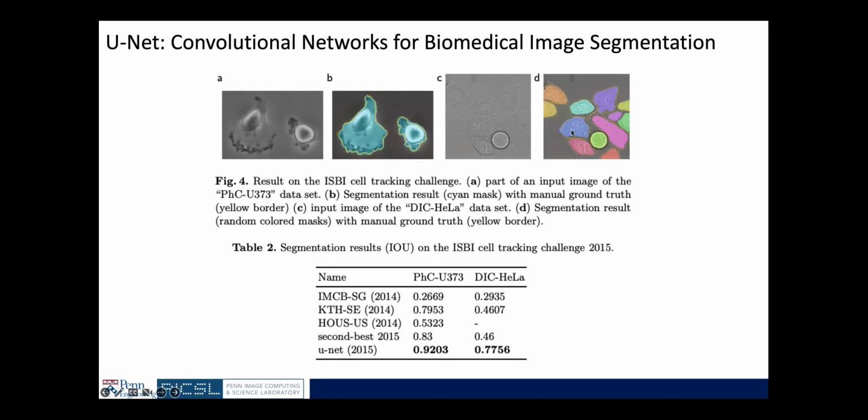And again, on the right is another data set where you see some different cells, segmentation in different colors, and the yellow boundary shows the ground truth. This particular paper won several challenges in 2015, and then it became the basis for all the segmentation networks from there on.